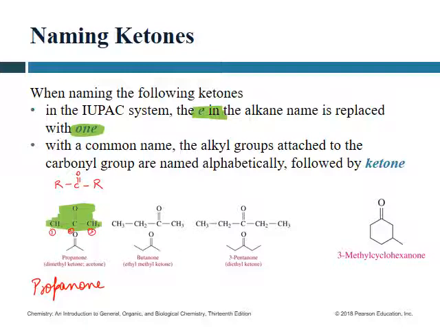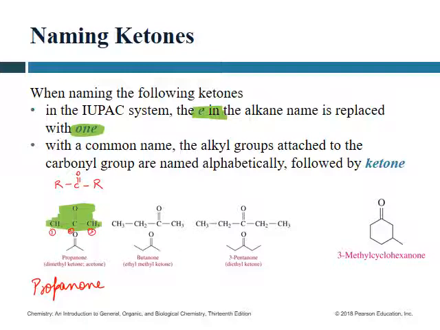Next, why did I not put here that the carbonyl group is located on carbon number 2? Should I tell where the carbonyl group is located? As long as it is not carbon number 2, you have to tell me where it is located.